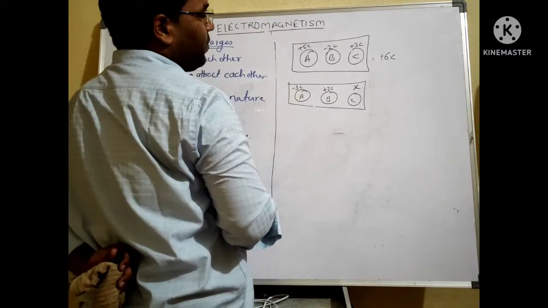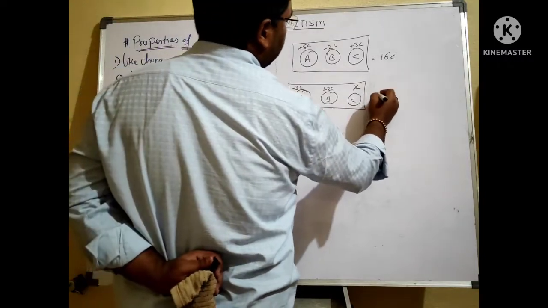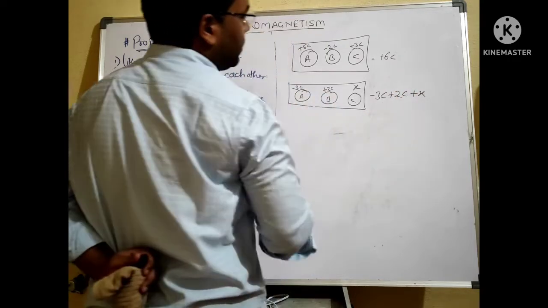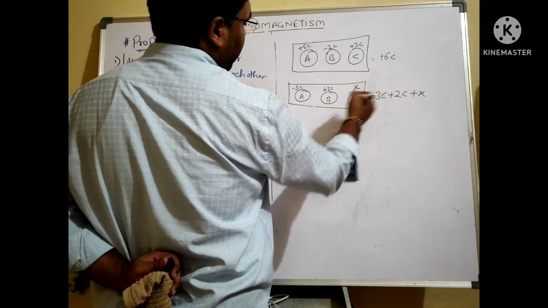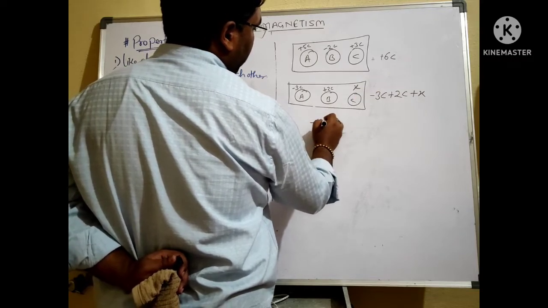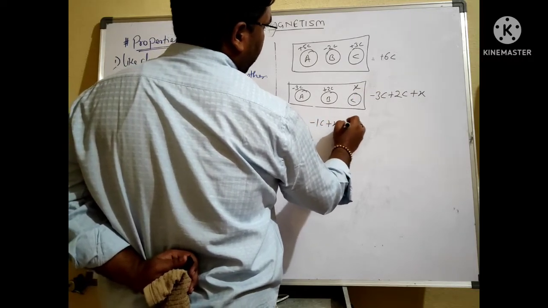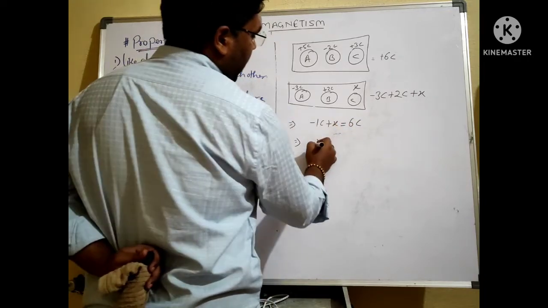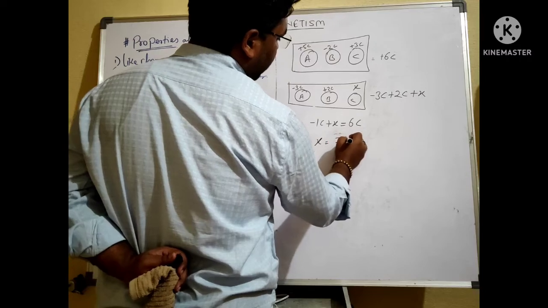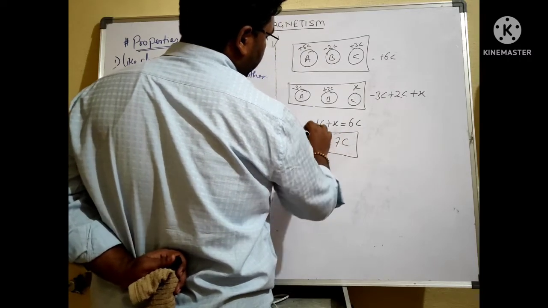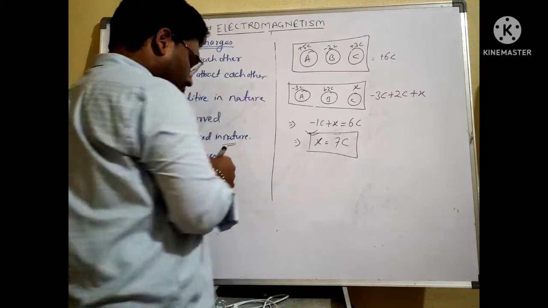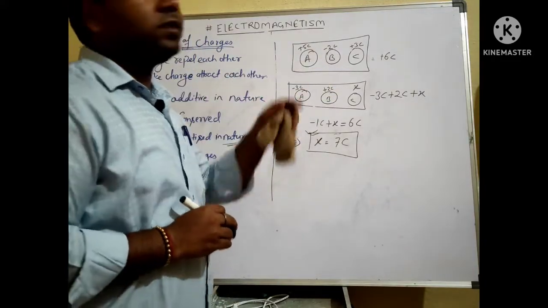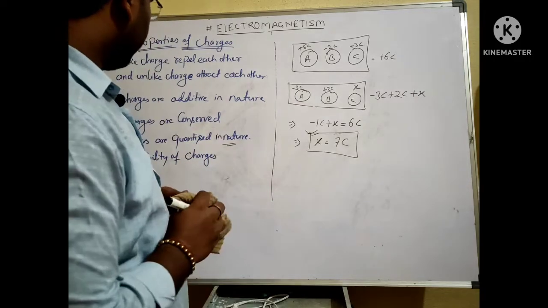And in this system, what we have is minus 3 coulomb plus 2 coulomb plus x. So minus 1 coulomb plus x equals 6 coulomb. So we can find the value of x as 7 coulomb. This is the value of charge on particle C in the isolated system. It is very much clear to everyone.